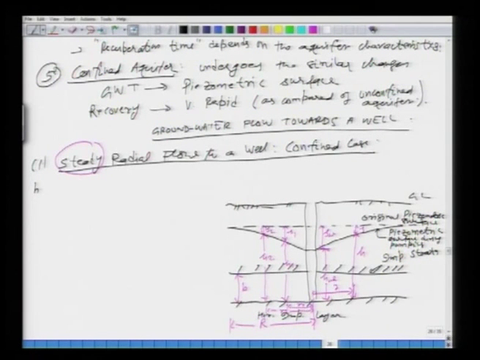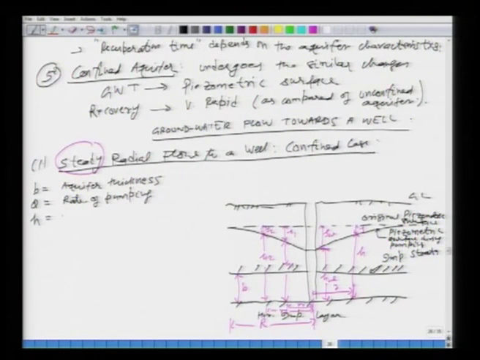So, B is your aquifer thickness. This is the confined case we are looking at. Capital Q is the rate of pumping. Okay. It is the rate of pumping.